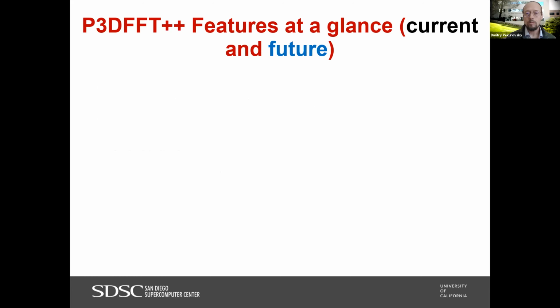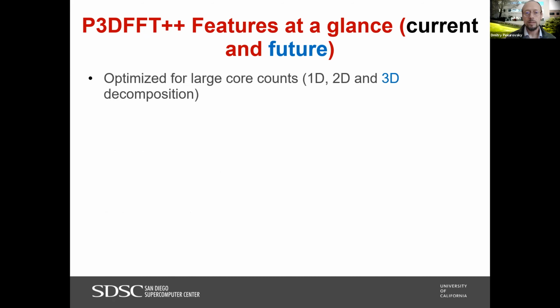Here are the features of P3D FFT at a glance. It is optimized for large core counts. Currently, it implements one-dimensional and two-dimensional processor decomposition. We are also working on a three-dimensional decomposition in the future. As I mentioned, it has a flexible data layout.